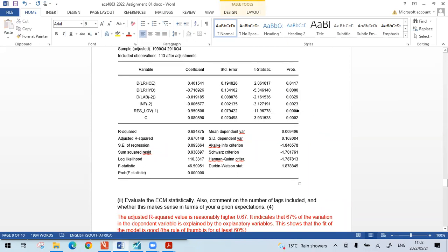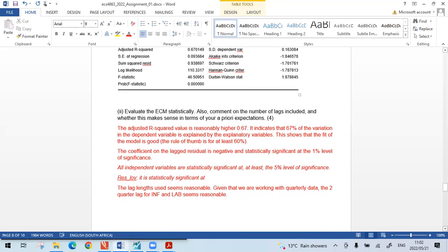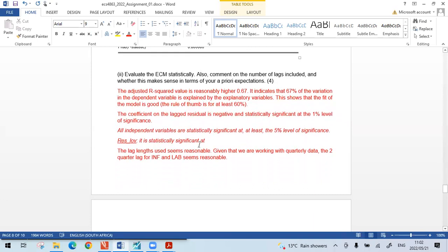Yeah, it's actually at 1% using the stricter measure, because it's actually less than that one. At 1% level of significance. Right? What about the other thing?